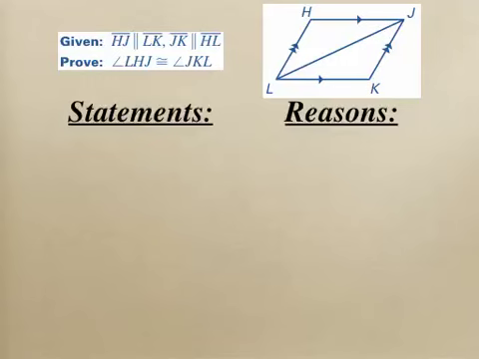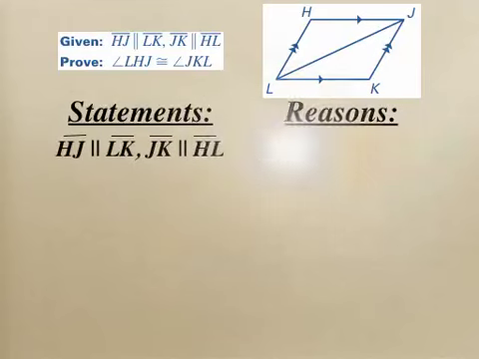So let's start off with our givens. That's always where you're going to start with your proof. So we're going to just rewrite what we were given. Remember, we've talked several times about 2 things that should be fairly obvious when we look at the diagram. First of all, the 2 triangles that are formed share the side LJ.